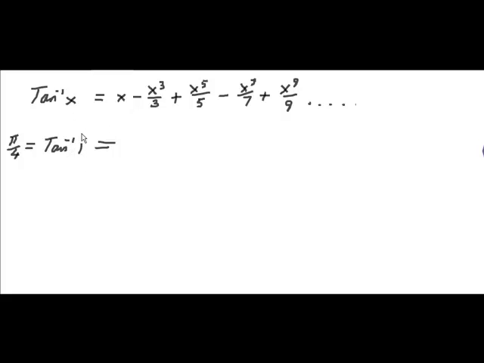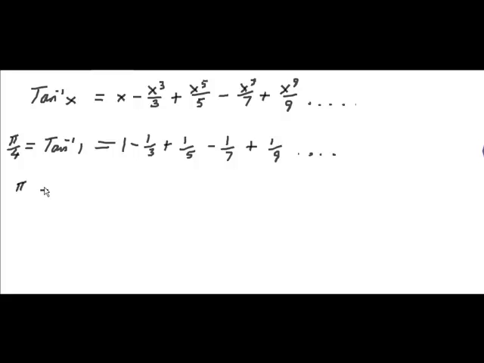So put in 1 for x, we get 1 minus 1 cubed is just 1 over 3, plus 1 over 5, minus 1 over 7, plus 1 over 9, and so on. So we have a pretty amazing result, and we'll discuss this in a second. Let's multiply across by 4 now.